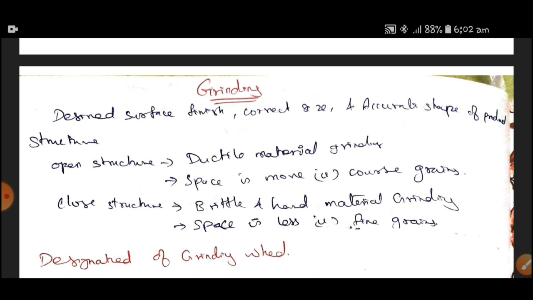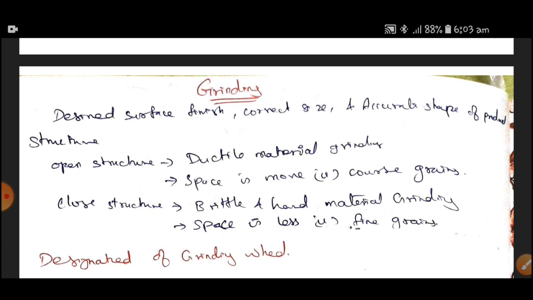The open structure is for ductile materials, and the space between the grains is more, therefore we can observe coarse grains. Ductility is a very important phenomenon in the selection of grinding structure.